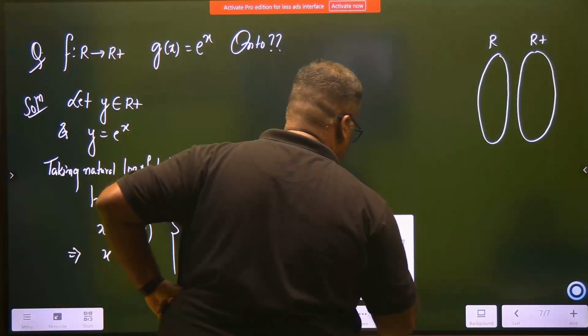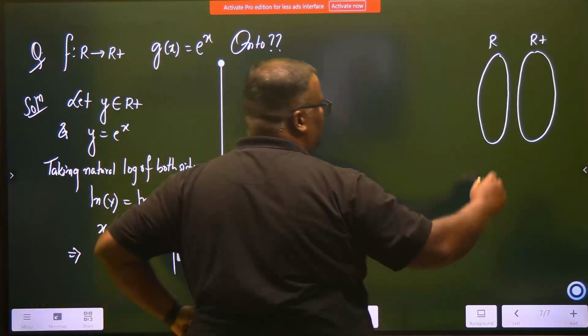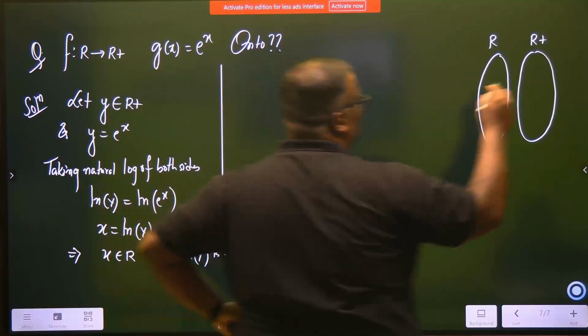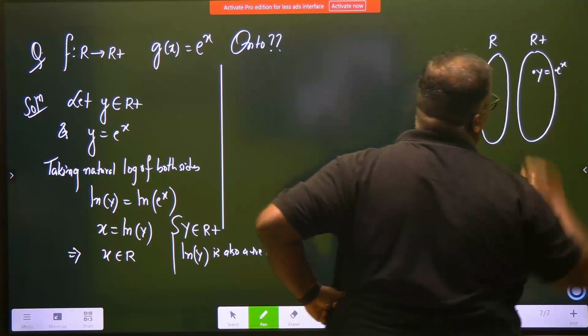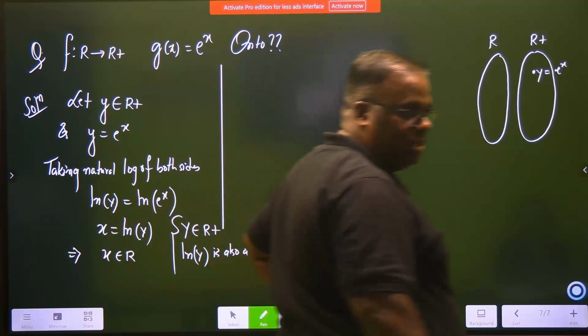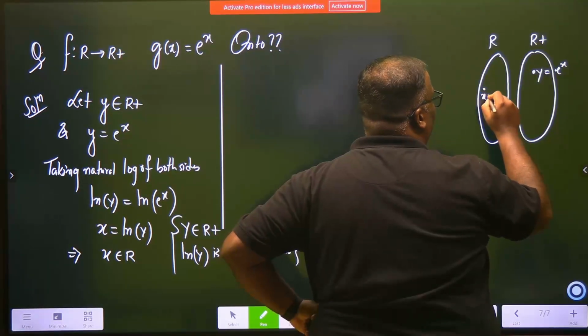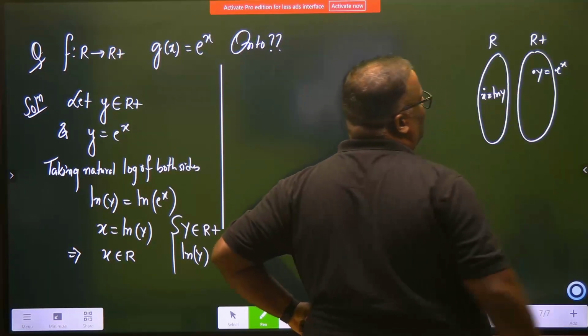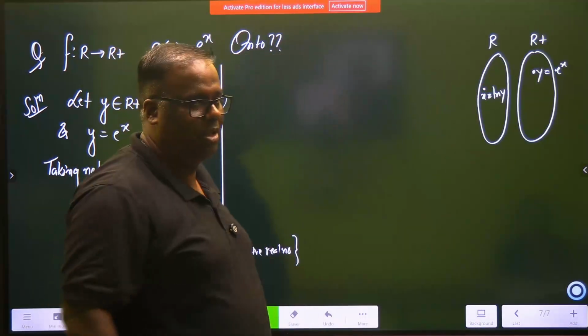If you say x belongs to R, what did you do, children? You actually took out some y and said that this y is equal to e to the power x. By that way, you traced out some x, which is now a value equal to ln y, and that x is now inside the domain. Now we have to create the mapping, right?